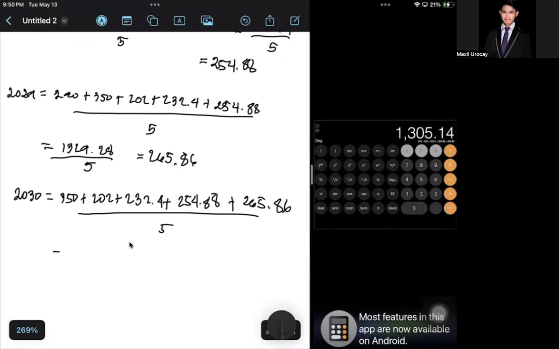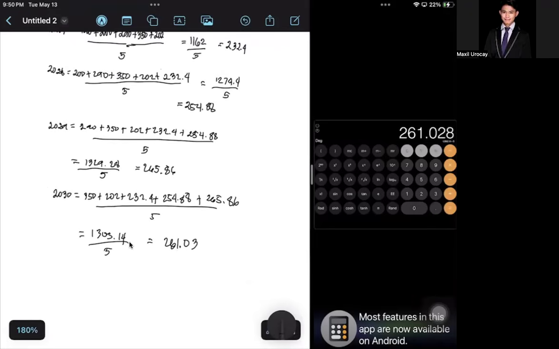So that is 1,305.14 divided by 5. That is 261.03. So those are the data that you have.